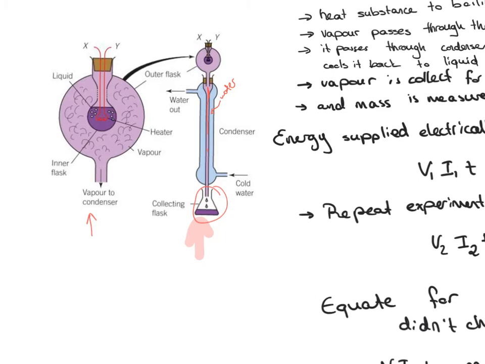What this setup has here, you have your heater connected firstly. So this is the heater here, the one that the little line is pointing at. And this is also connected to your circuit, so you need to know the voltage with a voltmeter and an ammeter, and then it's connected to a power source as well.